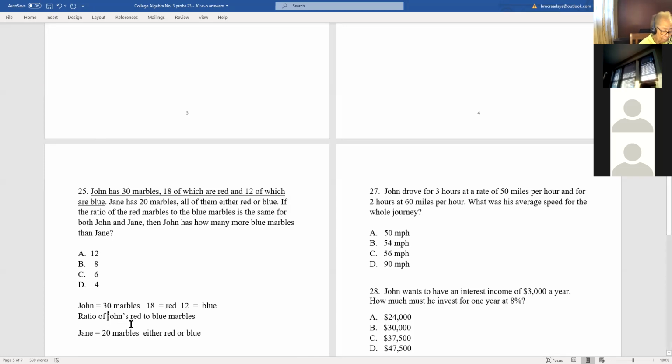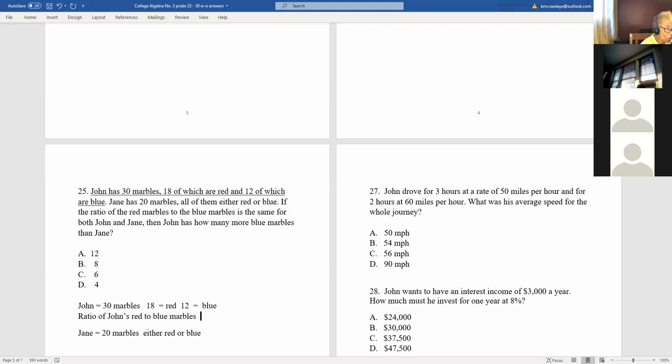Three to 6. Ratio of John's red to blue is what? No, red to blue. 18 red, 12 blue. What would be the ratio of John's red to blue marbles?